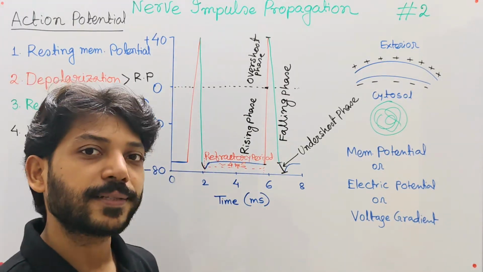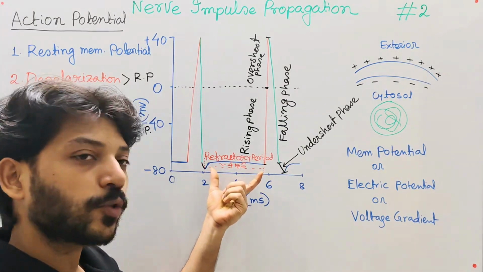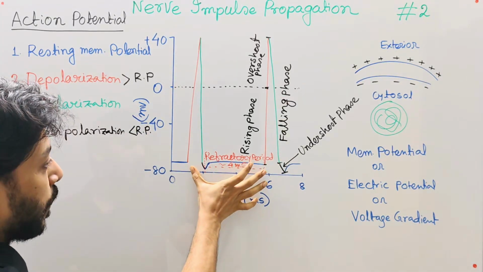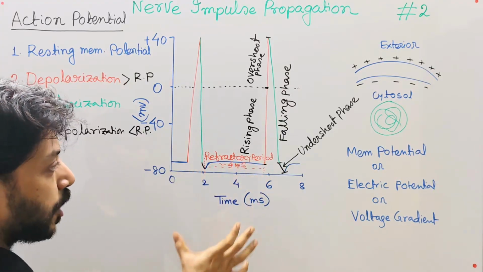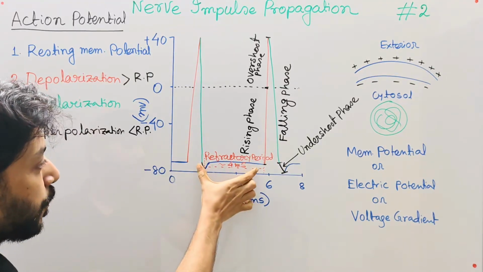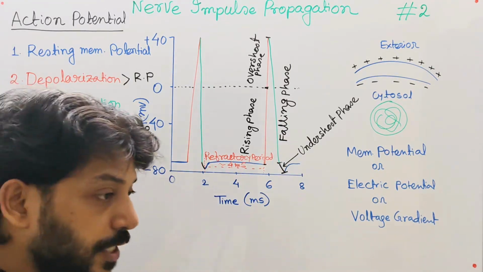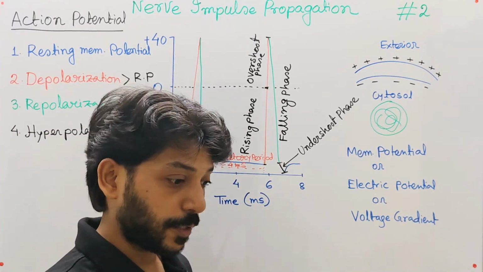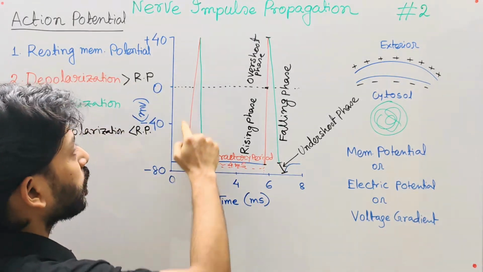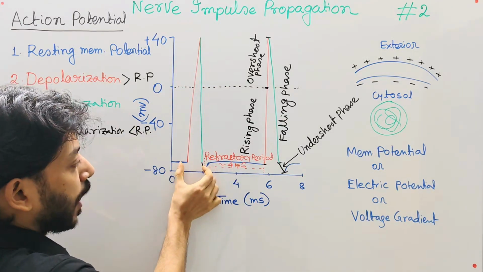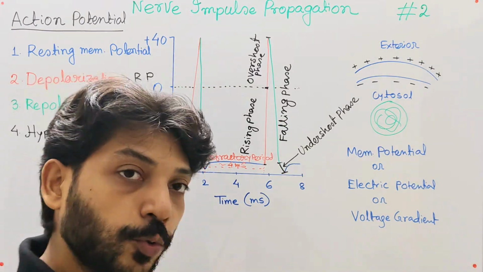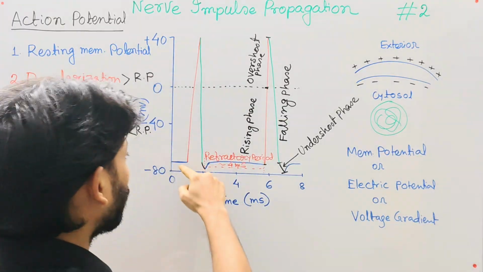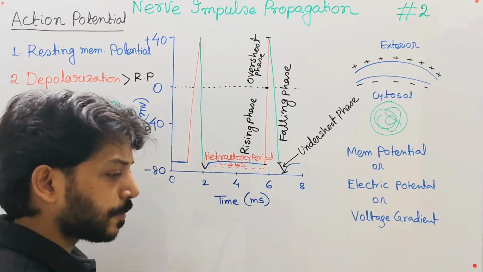Basically all animal cells have a resting membrane potential, and neurons also have a resting membrane potential. Now in between subsequent action potentials, there is a period called the refractory period or recovery period, and that is actually 4 milliseconds in time. Now if you ask me the time of the action potential, in the case of a squid neuron, it takes about 5 milliseconds to depolarize, repolarize and hyperpolarize.